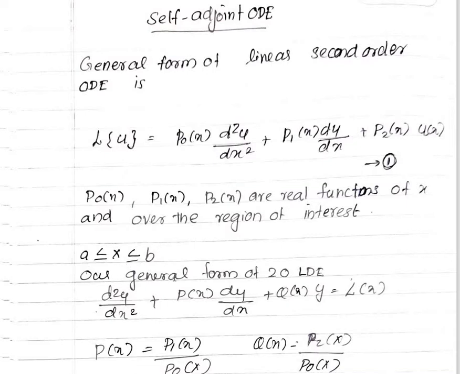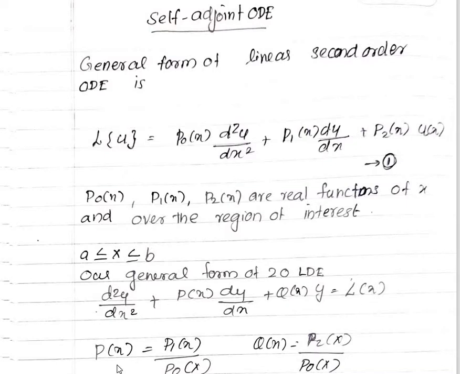In general, the form of a second order differential equation is d²y/dx² + p(x) dy/dx + q(x) y = L(x), where L is the differential operator. We already discussed this operator.